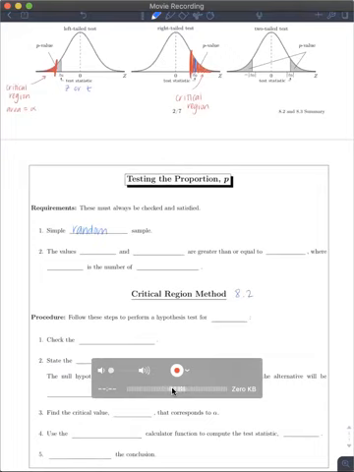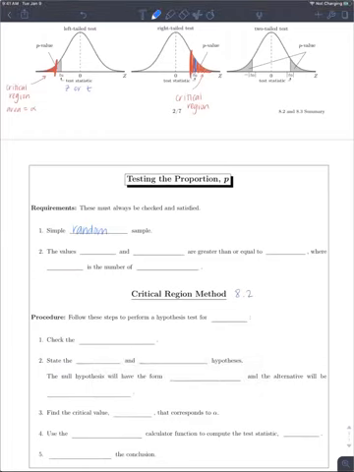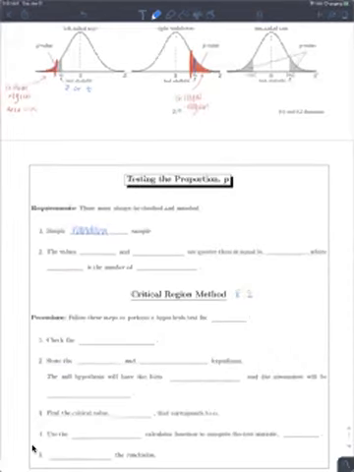But then when you check for normality, it's no longer that you're looking for n is greater than or equal to 30. What are you checking for? What are the two things that you want to look at?